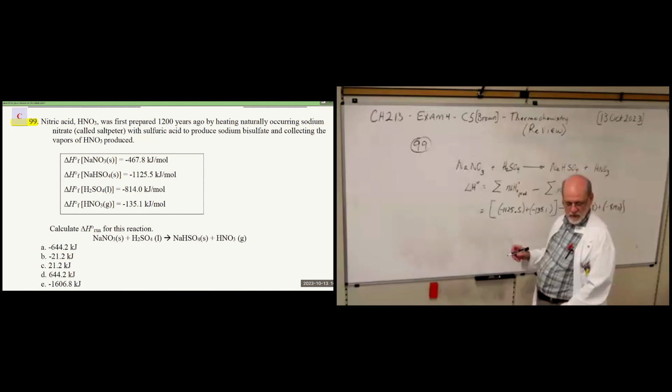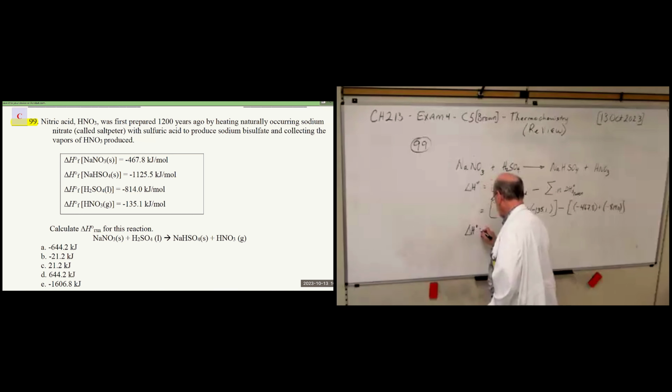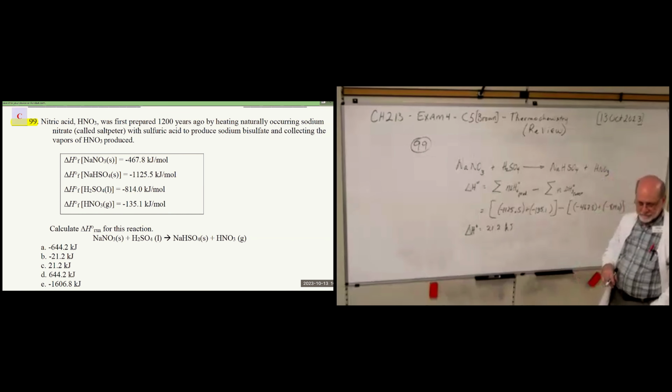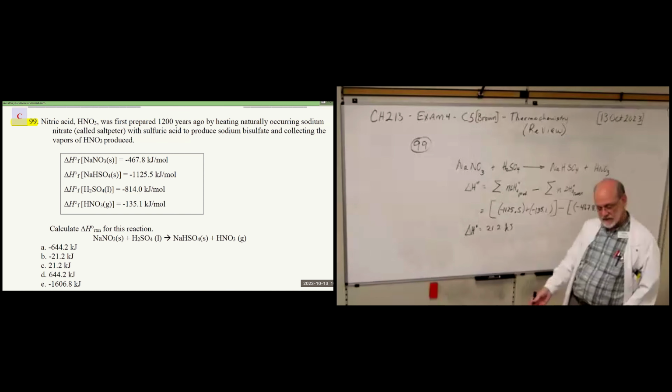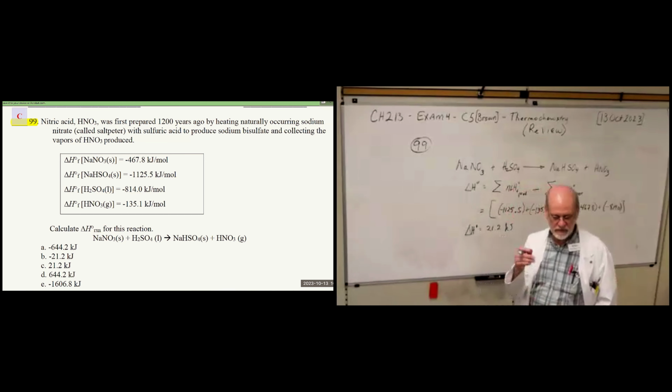No, 21.2, excuse me. Delta H0 equals 21.2 kilojoules. So it's an endothermic process. You have to add heat to it to make it go. And the method says by heating naturally occurring sodium nitrate with sulfuric acid.